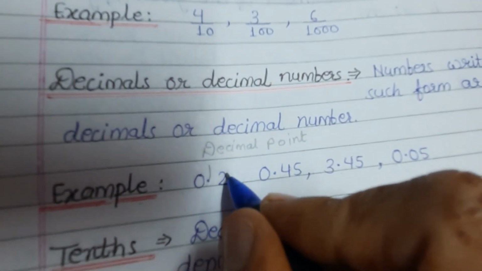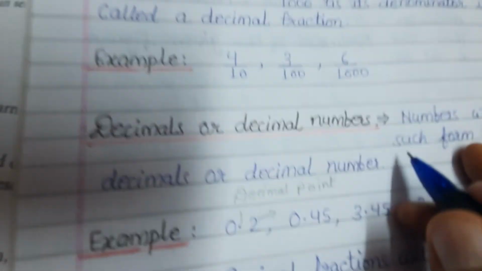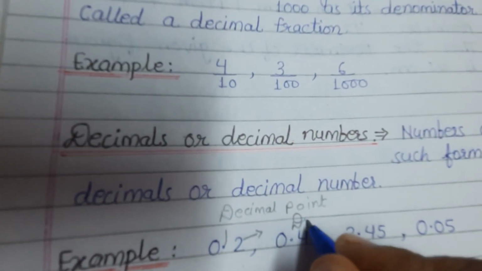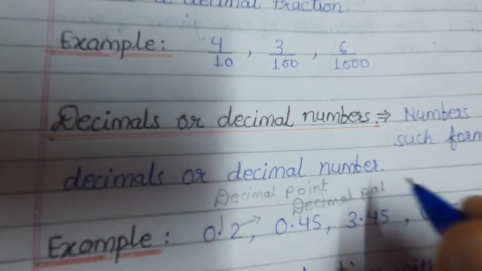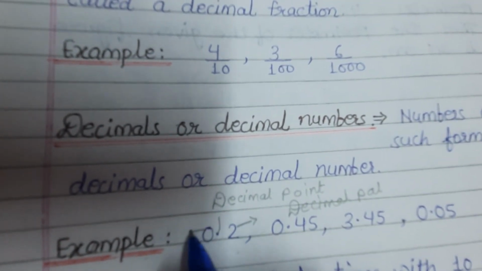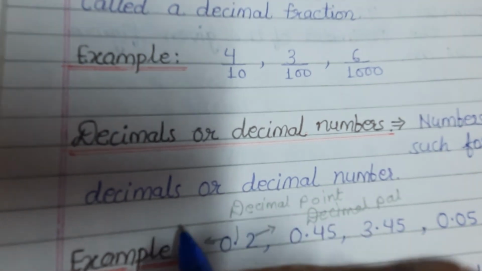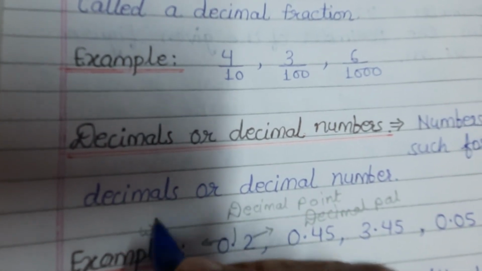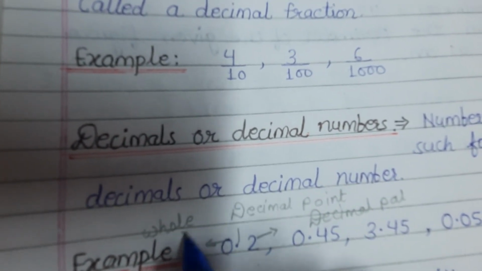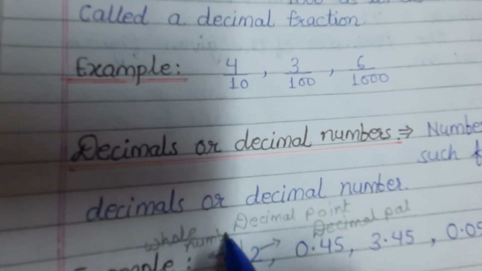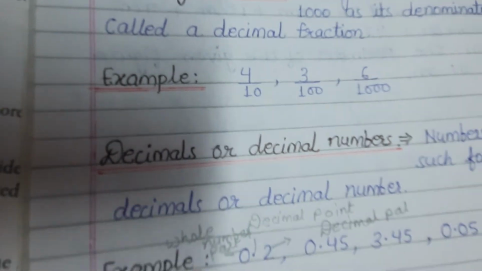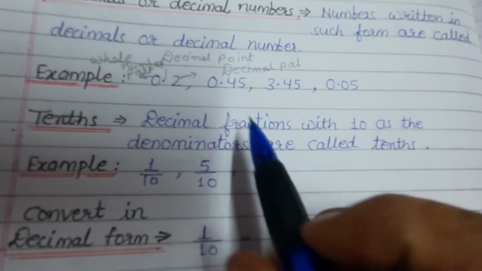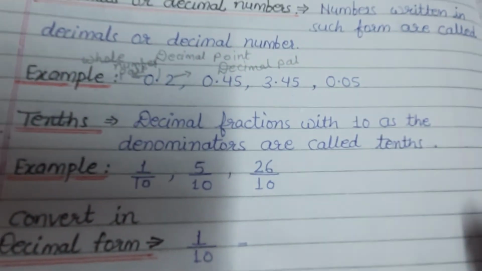The number which comes after the decimal is called decimal part, and the number before the decimal is called whole number. So these are the examples of decimals.